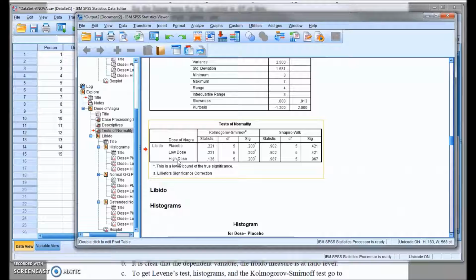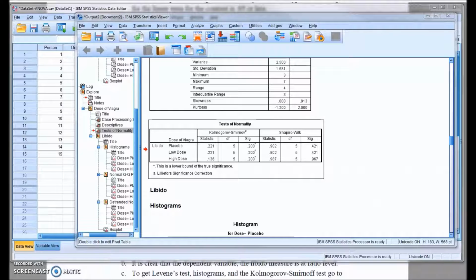The assumption for normality is satisfied because 0.2, 0.2, 0.2 is greater than 0.05. Even though the visual was inconclusive and the n is not greater than 30, because the KS test says they satisfy normality, it is satisfied.